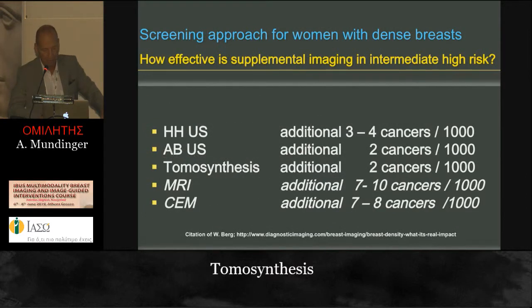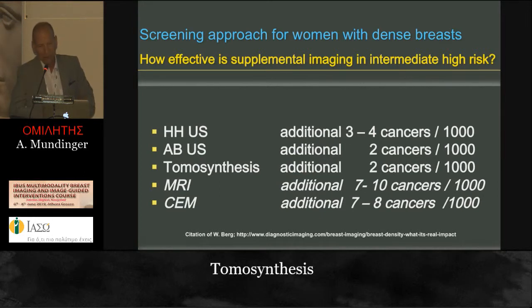Here we have a summary from our friend Wendy Berg about the additional detected cancers, and it's 3 to 4 with handheld ultrasound, 2 for ultrasound, 2 also for tomosynthesis, and MRI and molecular imaging are usually better, but these are sometimes selected collectives, and contrast enhanced mammography also had this very good performance.